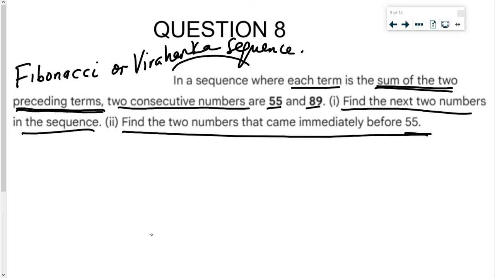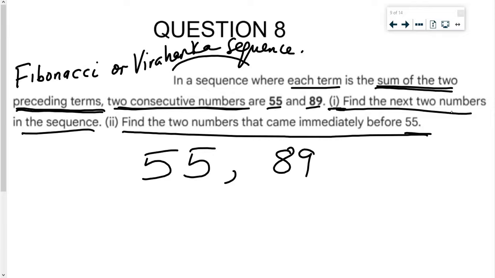Now, the two consecutive terms are 55 and 89. Can we figure out the next two numbers? Yes, we can.